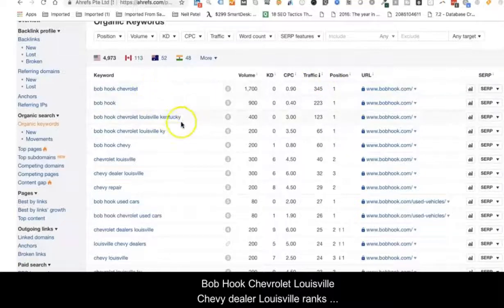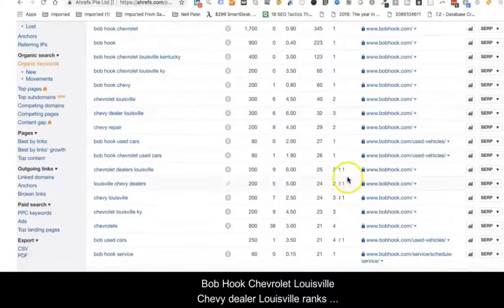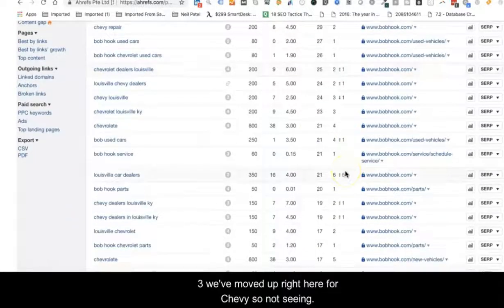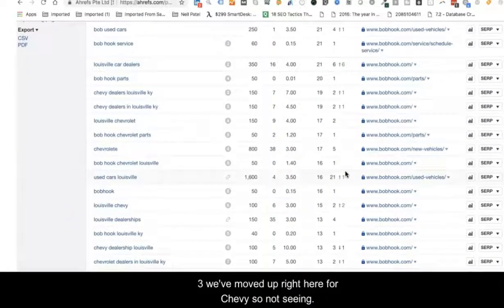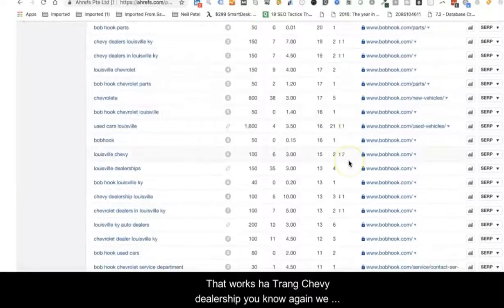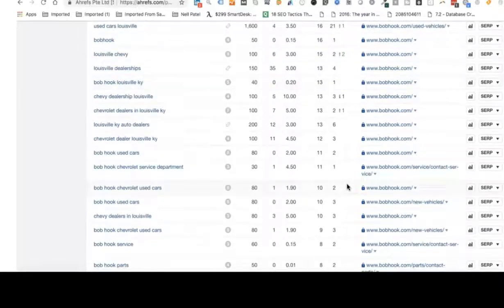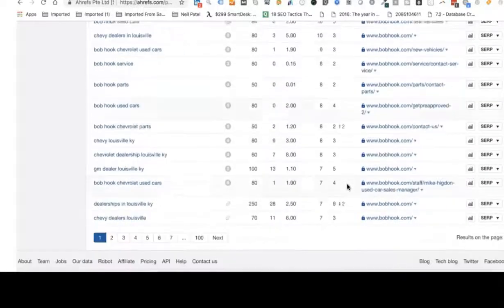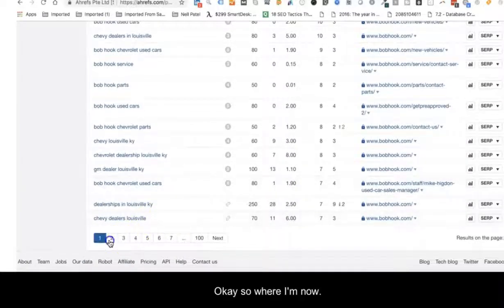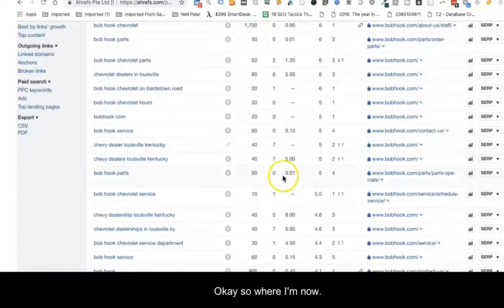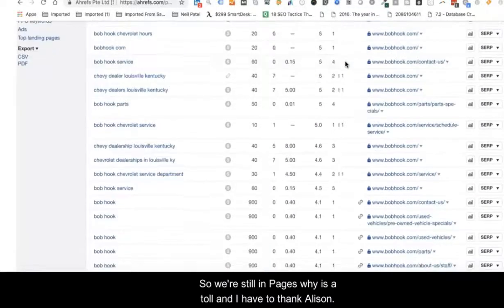Bob Hook Chevrolet, Louisville, Chevy dealer, Louisville, we're ranked 3. We've moved up right here for Chevy. So I'm not seeing that we're top rank. Chevy dealership, again, we need Chevy dealer near me. Chevy dealer Louisville. Okay, so again, we're still on page 1.